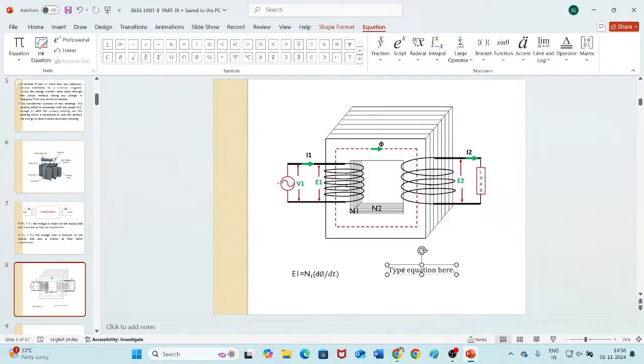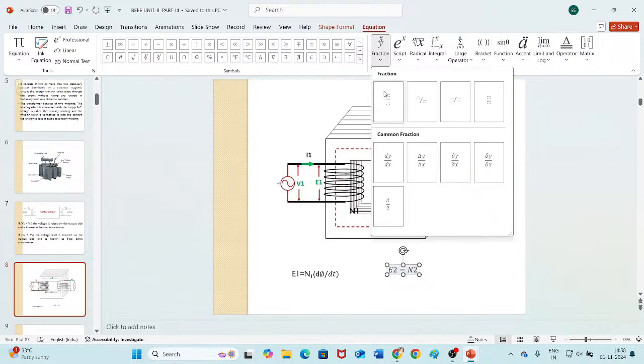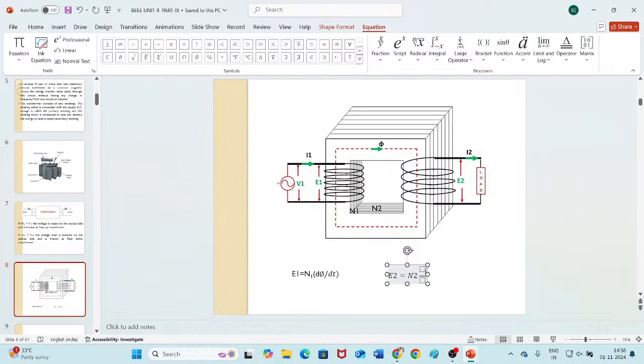I will write here E2 is equal to capital N2 into d phi by dt.